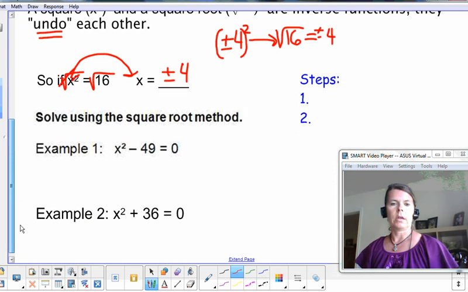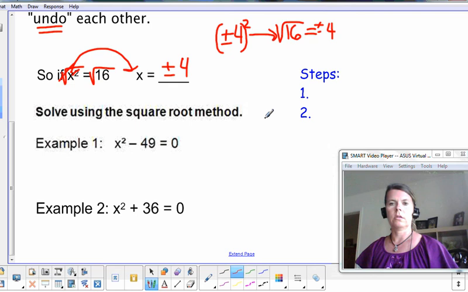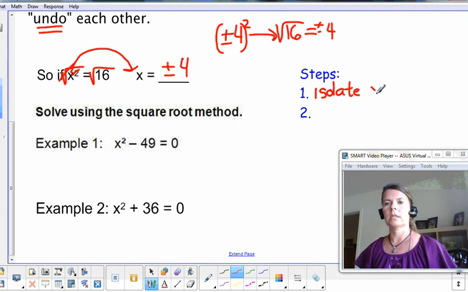Okay, here are your steps for solving using the square root method. The first step is isolate, or get the x squared by itself. So isolate, which means get it by itself, isolate x squared.